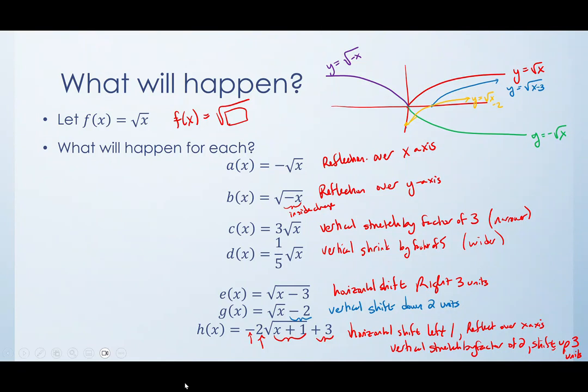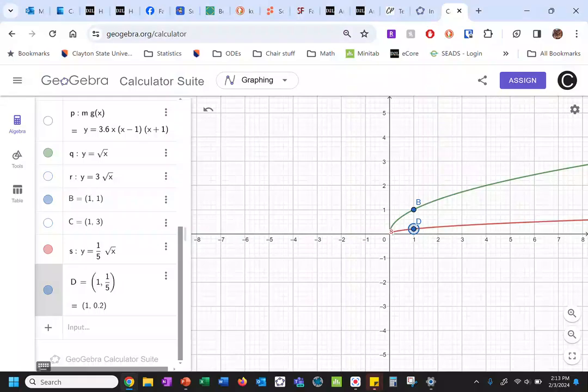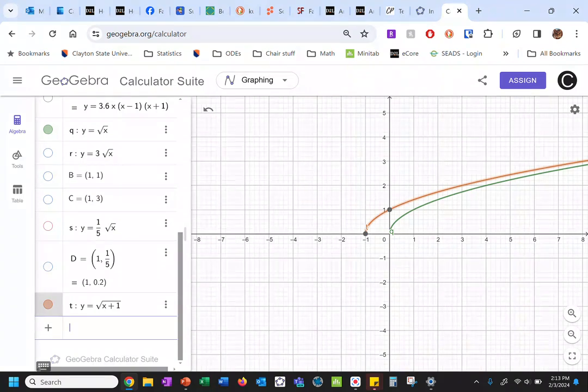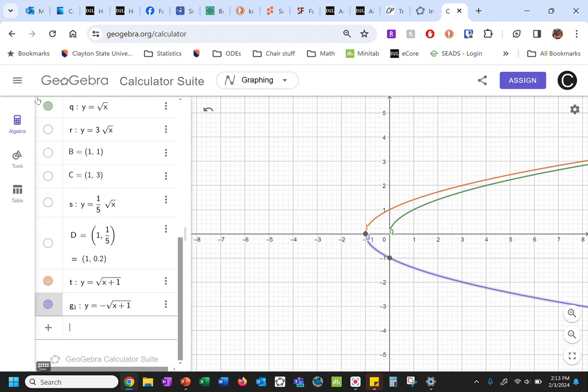In GeoGebra, because I think it's going to be easier to track there. We'll turn these off. All right, so we've got our square root of x. We're going to do our changes one at a time. So we've got square root of x. We had plus 1. There we've gone and shifted left 1. And what about if we do negative square root of x plus 1? That's going to just reflect it over the x-axis.